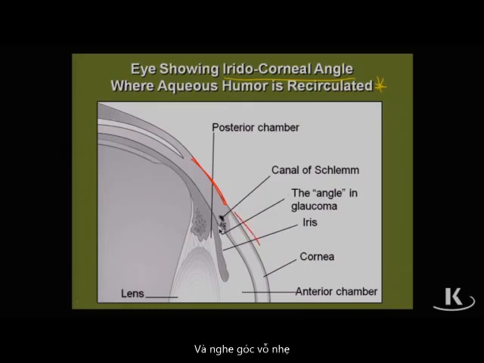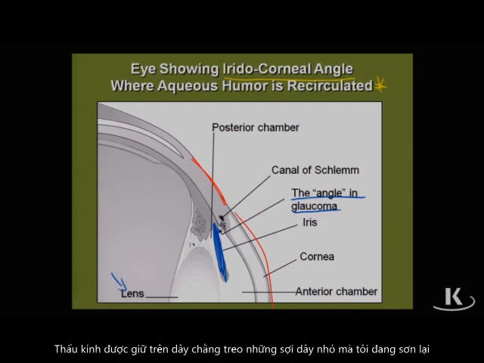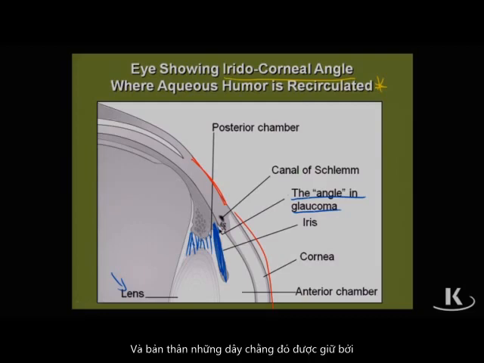And here the cornea of the patient. And right behind the cornea, here's the iris. Now, there is the angle in glaucoma between iris and cornea. Right behind the iris is the lens. The lens is held on suspensory ligament, those little strings which I'm repainting in blue, and those suspensory ligaments themselves are held by the ciliary muscle.